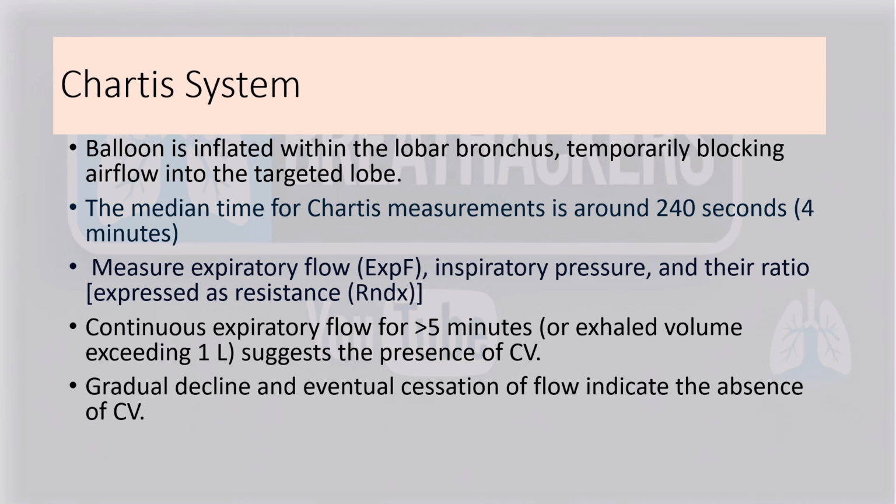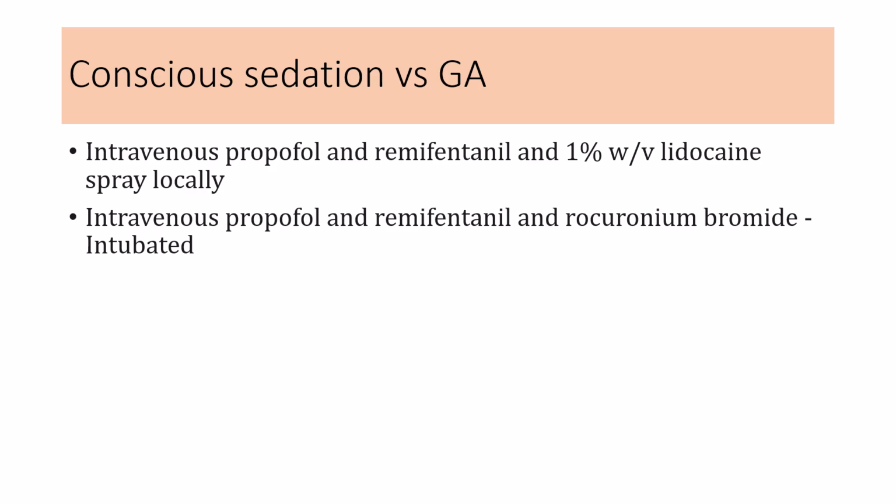If a patient is having continuous expiratory flow for more than 5 minutes, despite blocking the airflow into the targeted lobe, or there is an exhaled volume of more than 1 liter, this suggests that collateral ventilation is present, and that is not an indication for putting a valve. Gradual decline and eventual cessation of flow indicates the absence of collateral ventilation, and it is an ideal case for putting a valve.